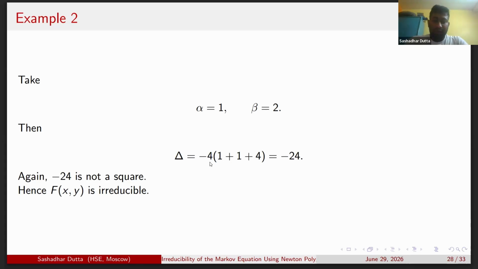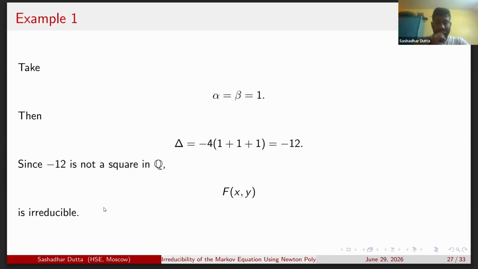Then delta equals -4 times (1 plus 1 plus 4), that is equal to -24. So -24 is not a square, so f(x,y) is irreducible.